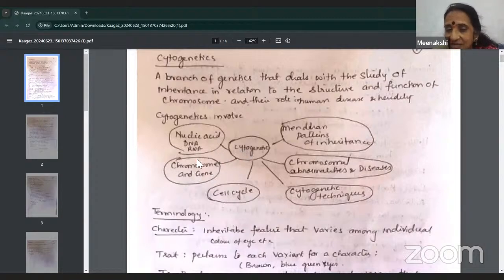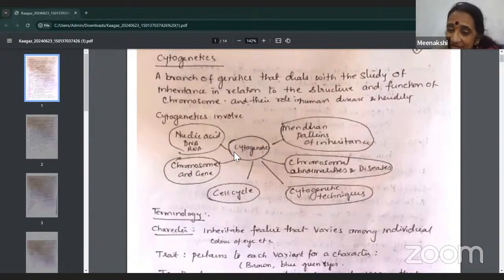The cytogenetic study deals with chromosomes and genes also. If we know the number of chromosomes, we will be able to identify the species. We can have an interrelationship with different species. That is what we have done with karyotyping. We can also do pedigree analysis.